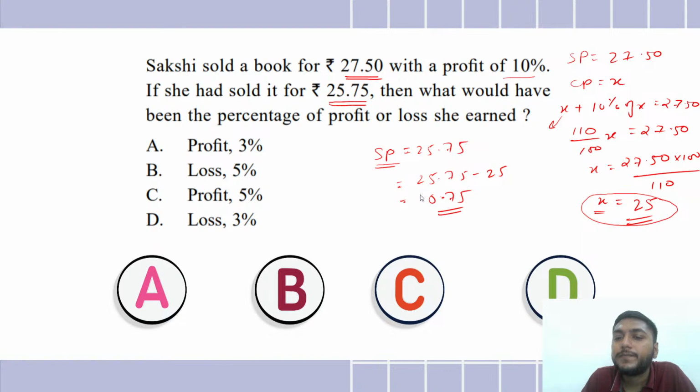So now what will we do? Now we have this profit and we have the cost price. We can easily calculate the profit percentage. What is the profit percentage? Profit upon CP multiplied by 100. Simple. Now calculate this and tell me the answer: 0.75 by 25 into 100. Tell it in the chat box. What is the answer you are getting?